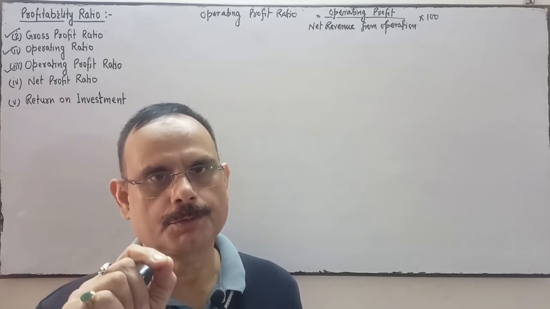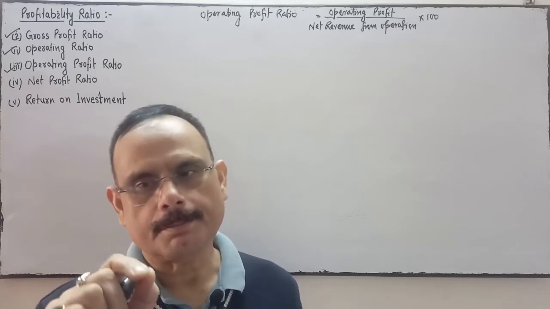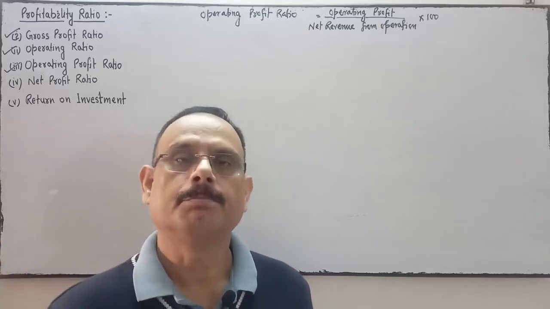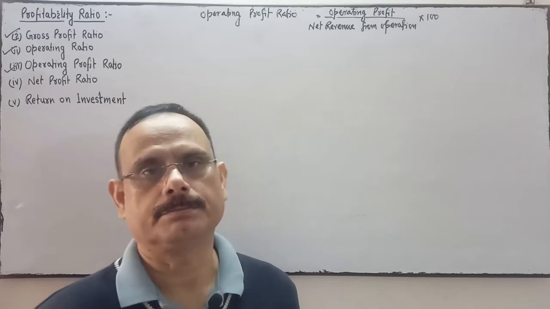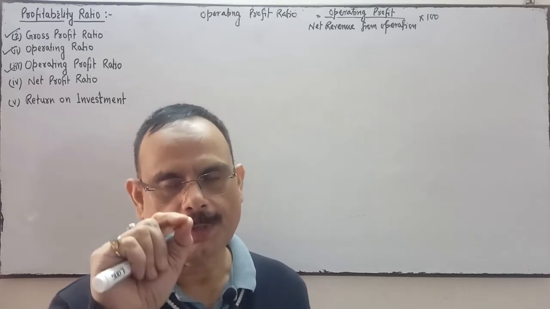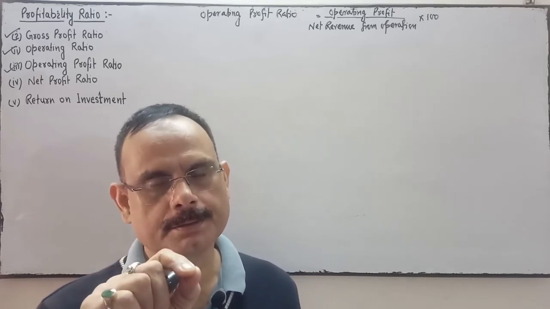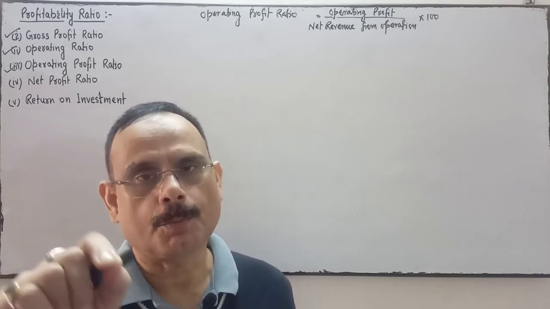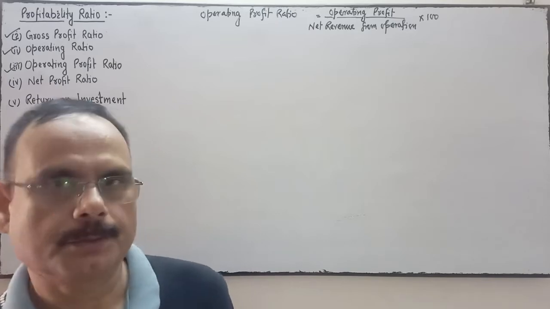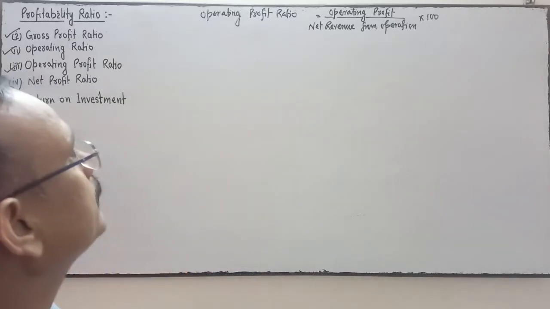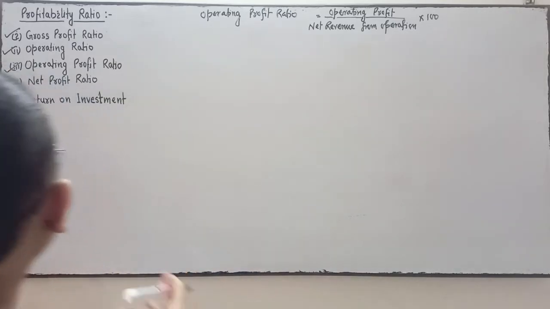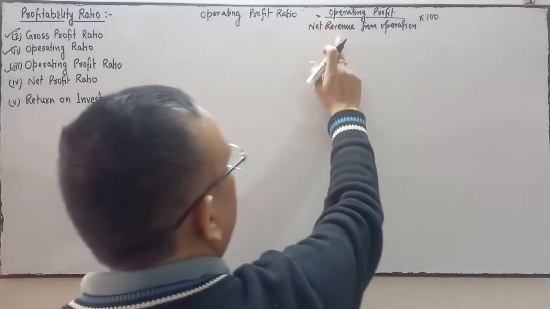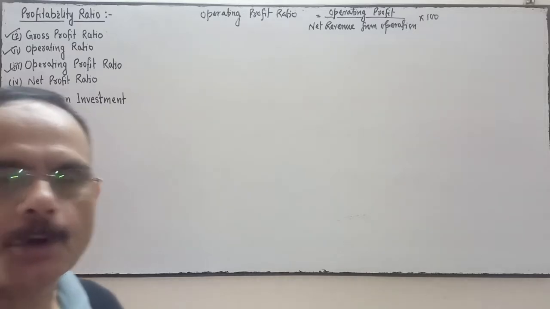Operating profit is equal to gross profit minus operating expenses plus operating incomes. Okay, so we'll calculate the operating profit ratio. Third formula is operating profit ratio, operating profit upon net revenue from operation.